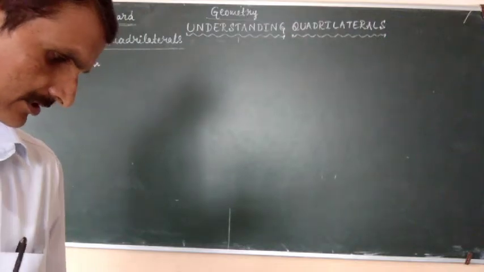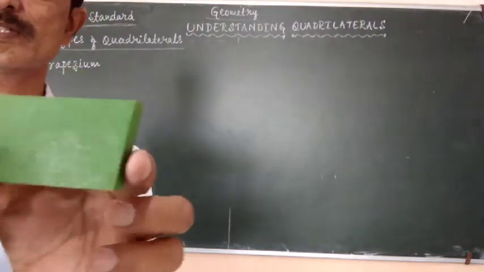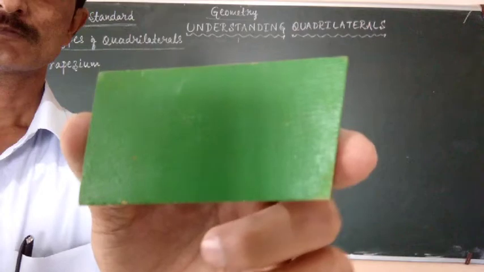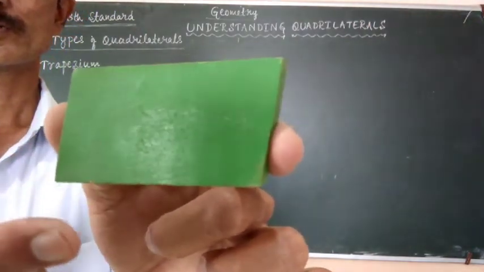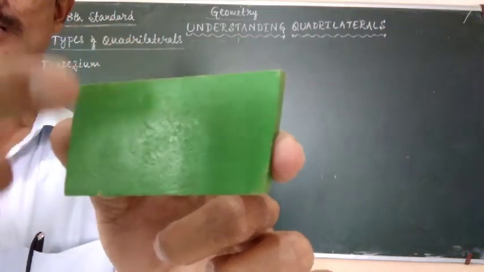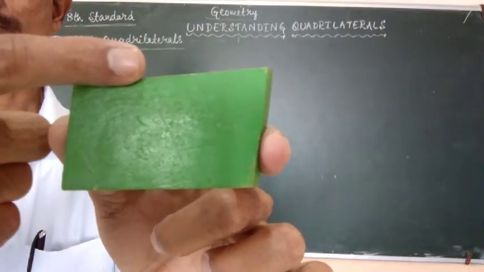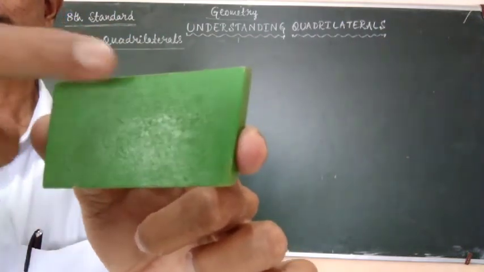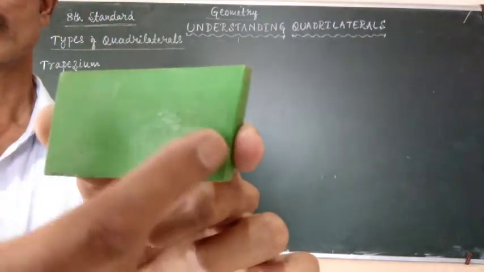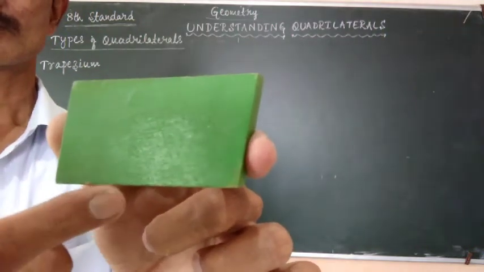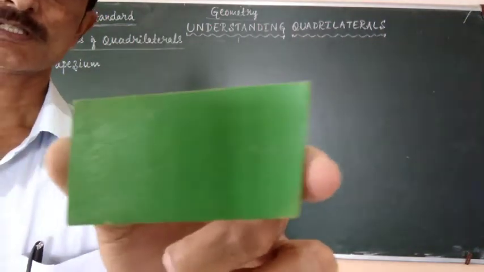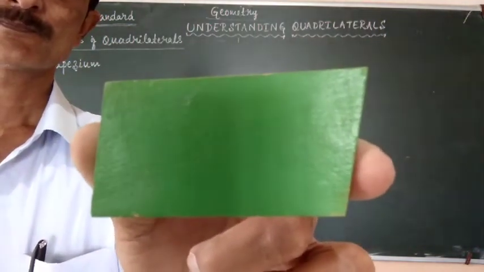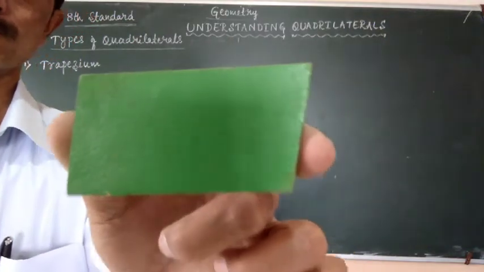Now observe this plane figure. What do you call this plane figure? Here, if you observe the sides, opposite sides are equal. These two sides are equal, these two sides are equal. Both pairs of opposite sides are equal. Therefore, it is a parallelogram.